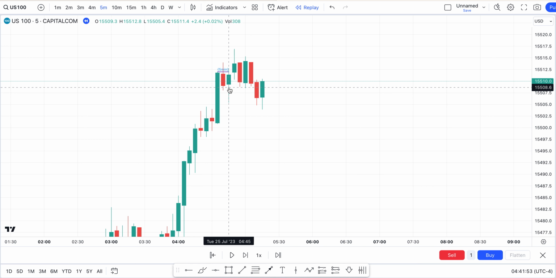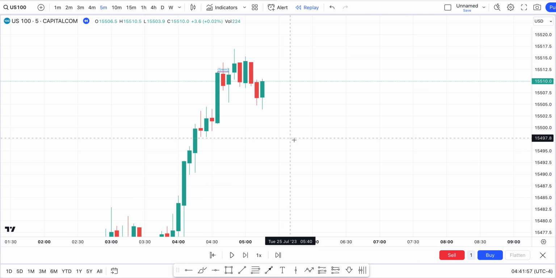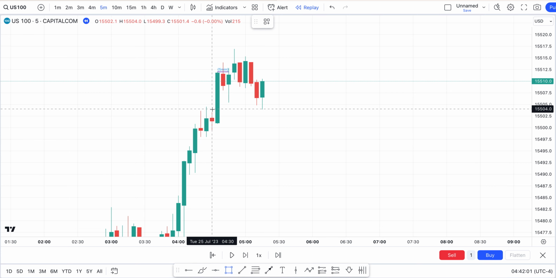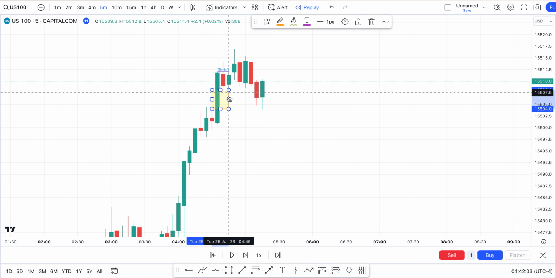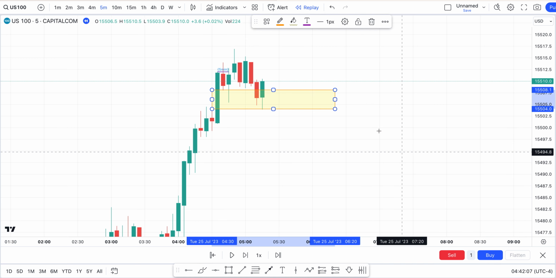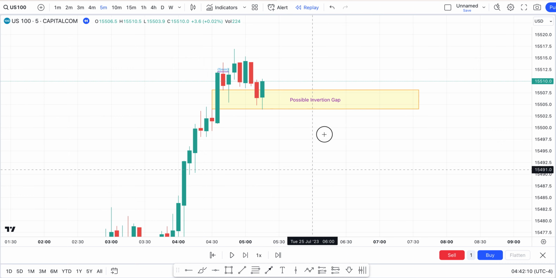So that's 0.8 points difference. I'll take that. So this, after that low has been broken, that's a possible inversion fair value gap for this low.